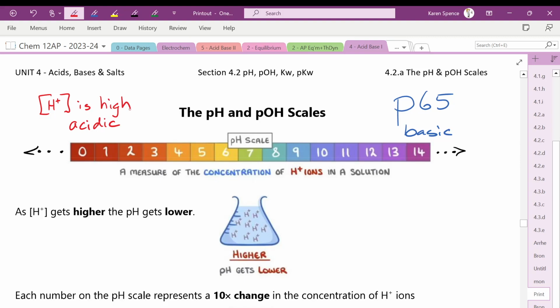If something is basic, well, there's two things we can actually say. We can say the concentration of OH minus is high, but also we can say that the concentration of H plus is low. Okay, and actually over here we could say the concentration of OH minus is low.